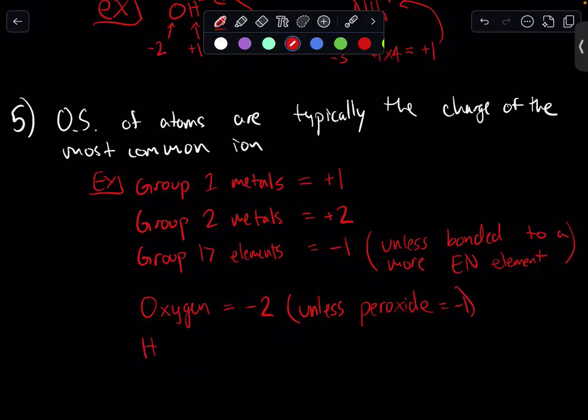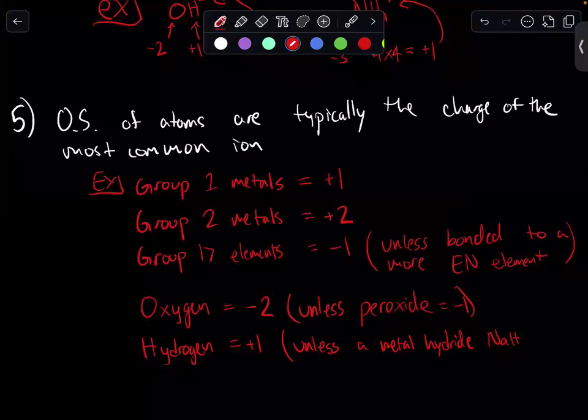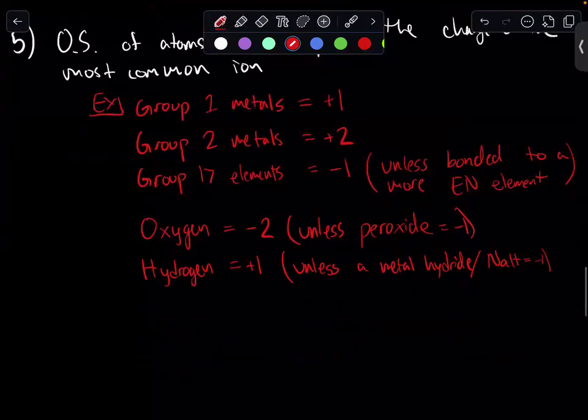And then lastly here, hydrogen is almost always +1, and this is unless a metal hydride, like NaH, then that would be -1. So sodium hydride will be -1 on the hydrogen because the metal will overtake hydrogen's need to become positive. All right, so that's rule 5.